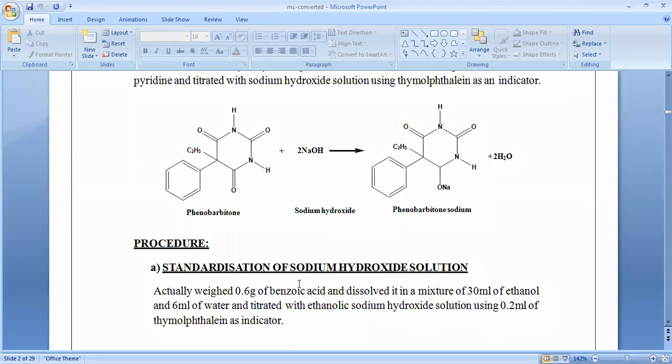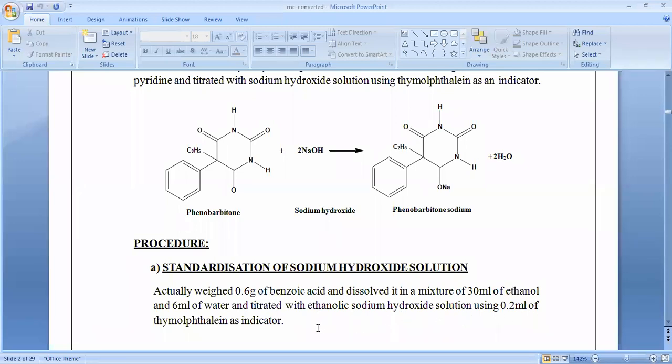Now the procedure. First, standardization of sodium hydroxide solution. Before we move towards the assay, we have to standardize the sodium hydroxide solution. Very accurately weigh about 0.6 gram of benzoic acid and dissolve it in a mixture of 30 ml of ethanol and 6 ml of water.